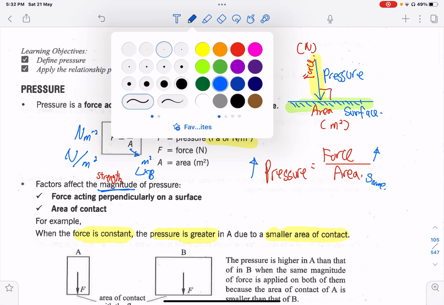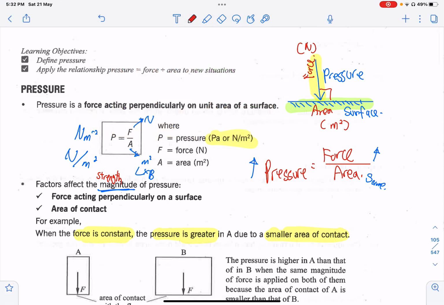On the other hand, if the area increases whereas the force stays the same, you are dividing by a larger number, resulting in the pressure decreasing. This means a few things. When force acting on a surface increases, pressure increases. If you decrease the force, your pressure will also decrease, so they are directly proportional.